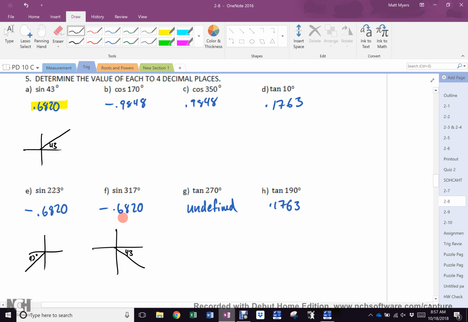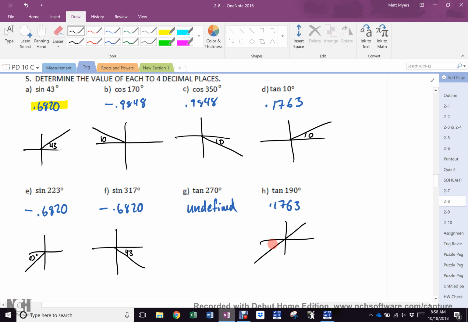Everybody with me? So when you do cos, that is going to be right there, yes? And this is going to be 10. Agreed? And you notice here, I have the same digits, but it's down here. So what must this be? 10. And it's positive because it's in the fourth quadrant. Is everybody cool? Tan of 10. There's 10. Tan of 190.